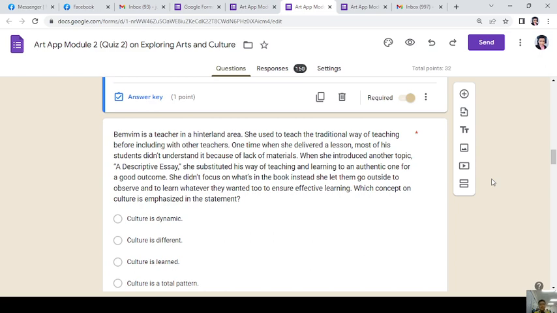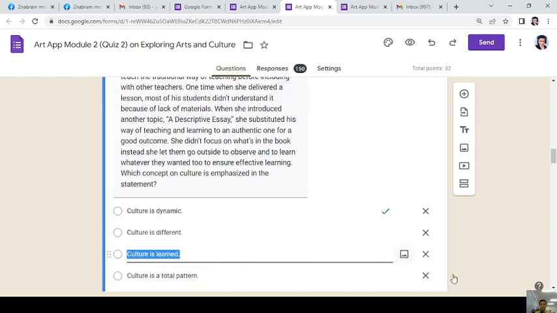Now, the question is, which concept on culture is emphasized in the statement? May dalawang answers po dyan. It could be culture is dynamic or culture is learned. But if you are going to go back to the statement, hindi naman siya totally nag-change si teacher. Ang nangyari doon is, meron lang siyang kinuha na idea to fit in. So the correct answer is culture is dynamic.